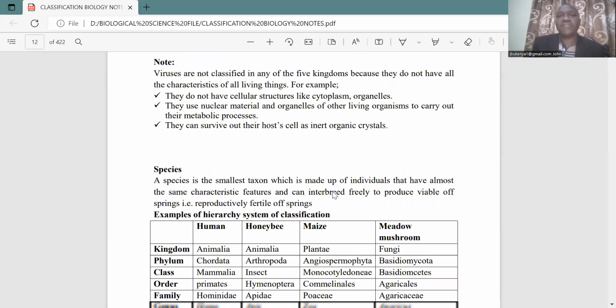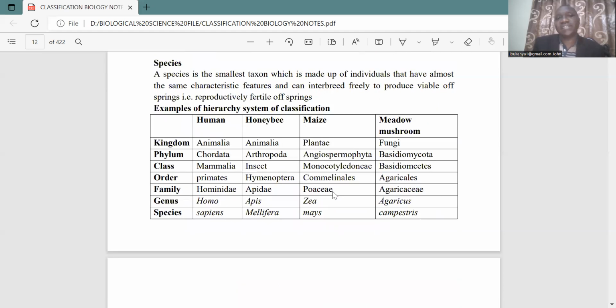So I've already talked about all of this. Maybe what I need to emphasize here is that I said that taxonomy is divided into nomenclature, which is about naming organisms, and then systematics, which is about categorizing organisms into diverse groups, both extant and extinct, those organisms which have disappeared, and the present day living organisms.